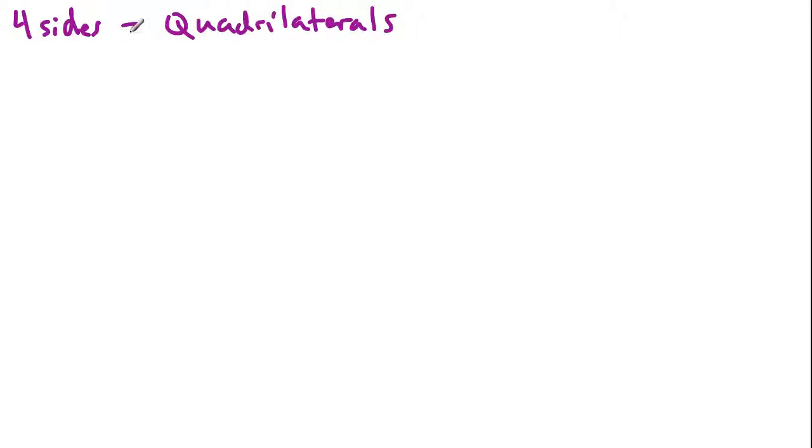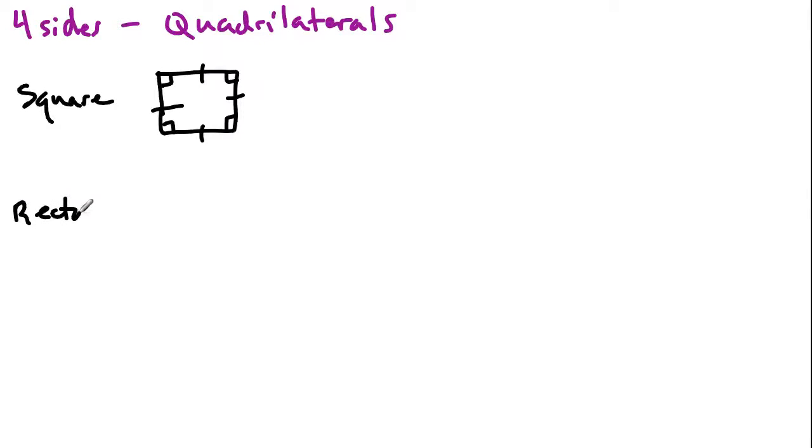Let's start with the first one, a square. Right? Can you picture what that looks like? Right? It's got all sides equal and all angles equal. Cool. A rectangle. Right? A rectangle has two pairs of congruent sides. So we have this pair and this pair. And then it's equiangular. Cool.